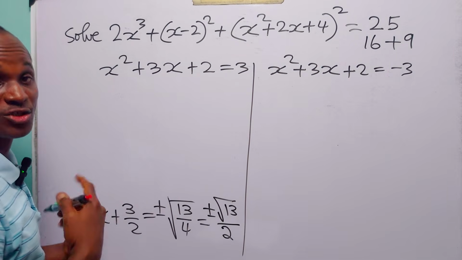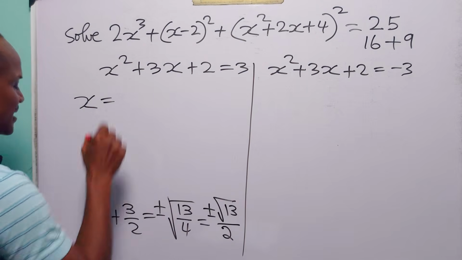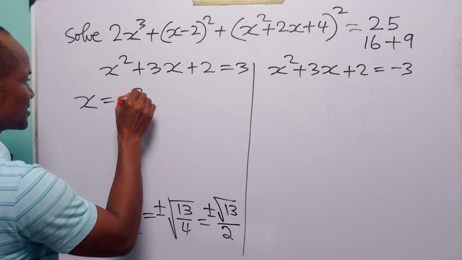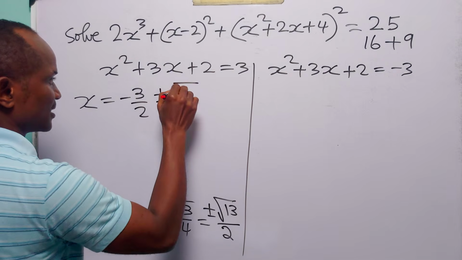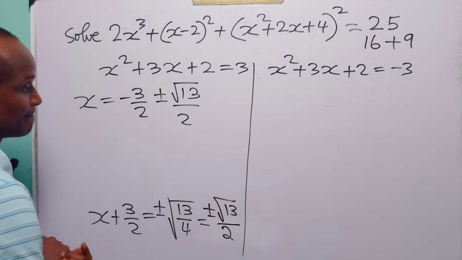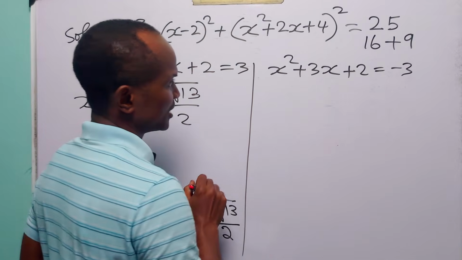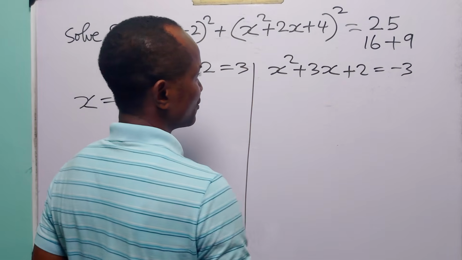Now, from this first equation, we have two values of x. We have that x is equal to minus 3 over 2 plus or minus the square root of 13 divided by 2.